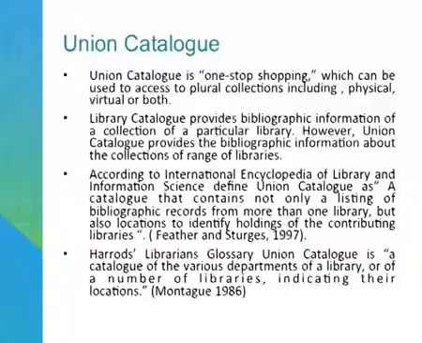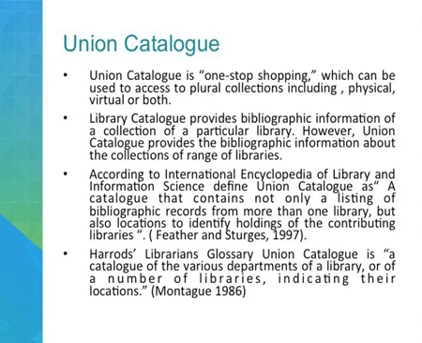So, first understand what is Union Catalogue. Union Catalogue is actually a one-stop shopping catalogue which can be used to access plural collections, including physical, virtual or both. A library catalogue provides bibliographic information of the collection of a particular library. However, a Union Catalogue provides the bibliographic information about the collections of a range of libraries.